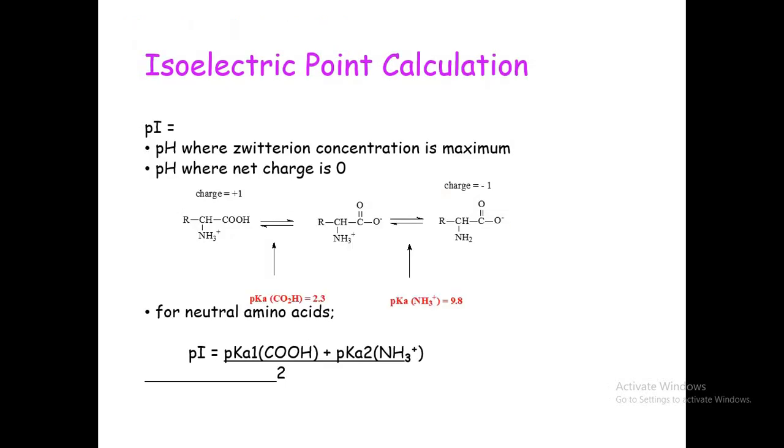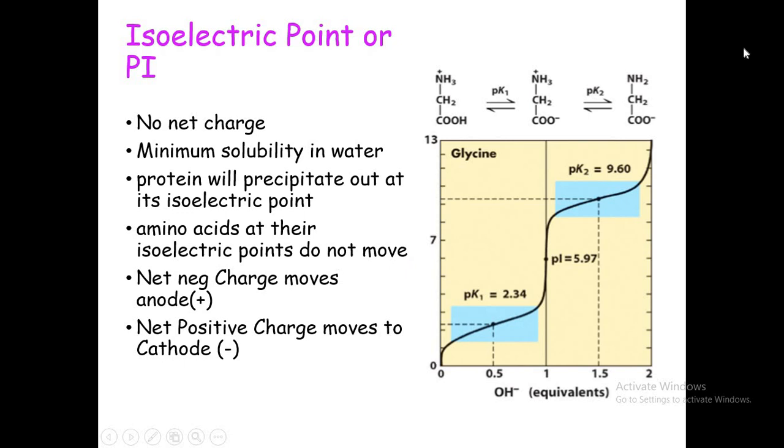Now we need to understand how we can calculate the isoelectric point of an amino acid. The isoelectric point can be calculated by combining its pKa values. Here we can see the titration curve of glycine, and glycine has two pKa values, pKa1 and pKa2. By adding these two pKa values and dividing by 2, we can find the pI of the amino acid.